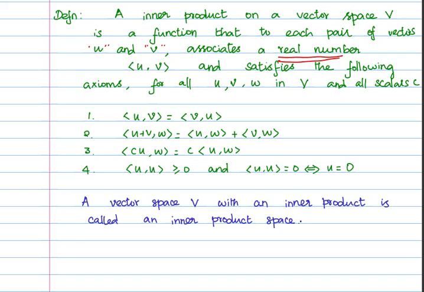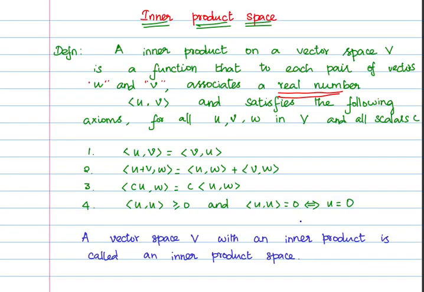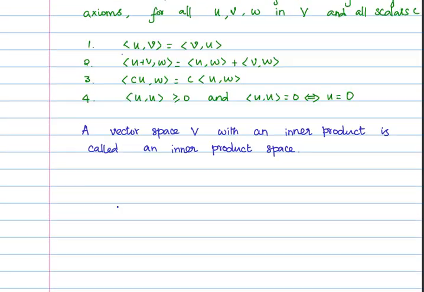So for an inner product space, first we need the inner product, which satisfies these four conditions. First is symmetric, second is linearity in the first component, third is homogeneity, and fourth is positive definiteness.